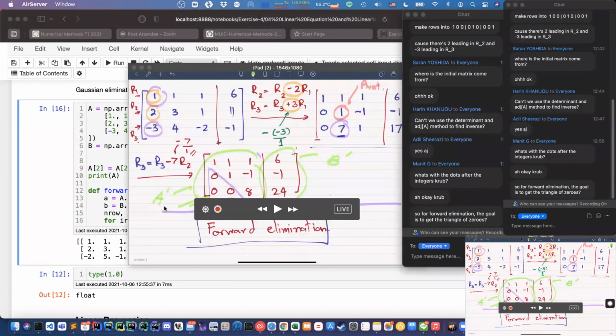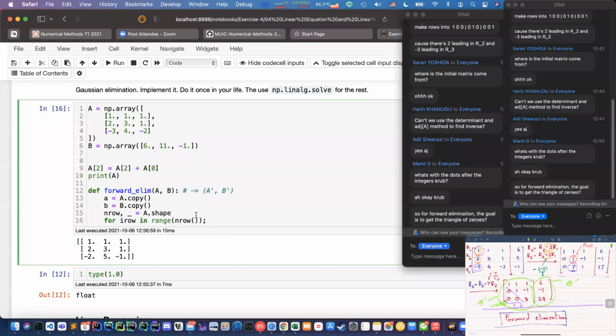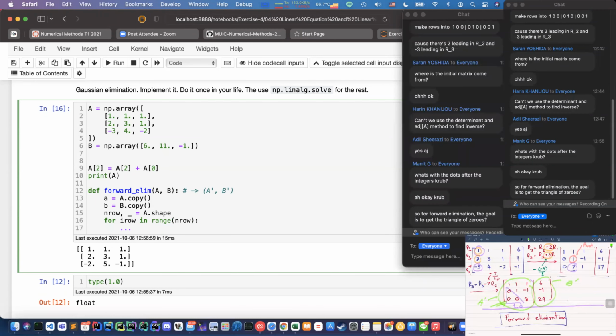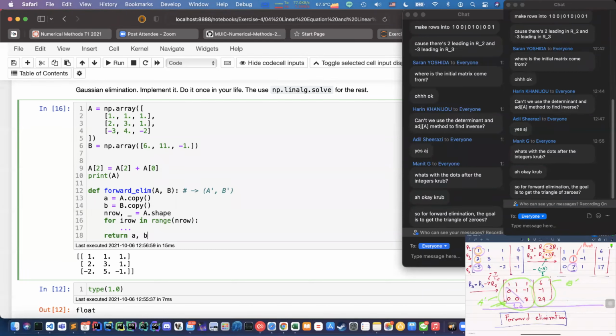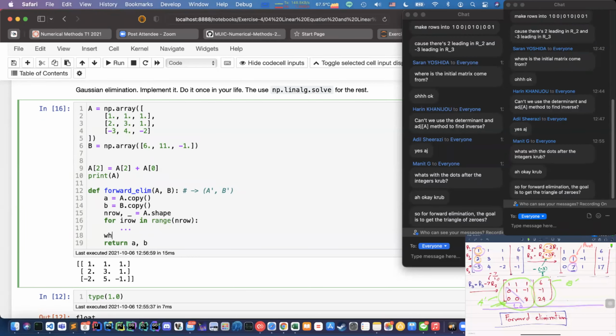Okay. Maybe you need to change something about this, but the idea looks something like this. At the end, you're going to return A and B, where A is an upper triangular matrix.